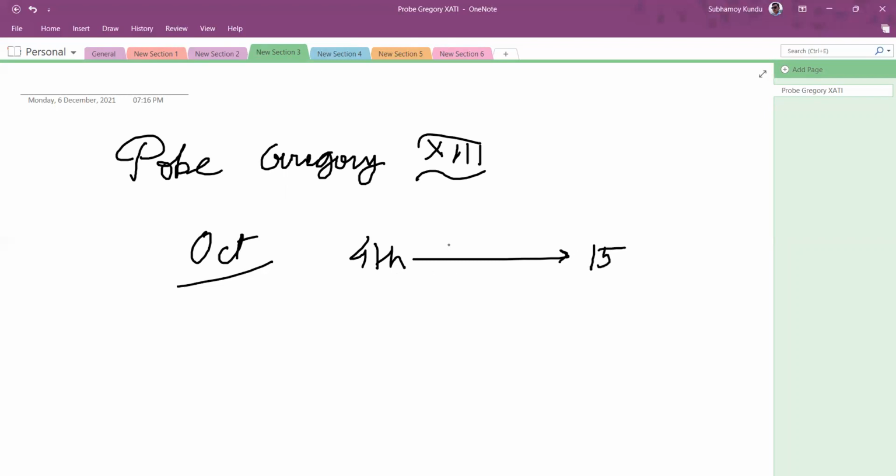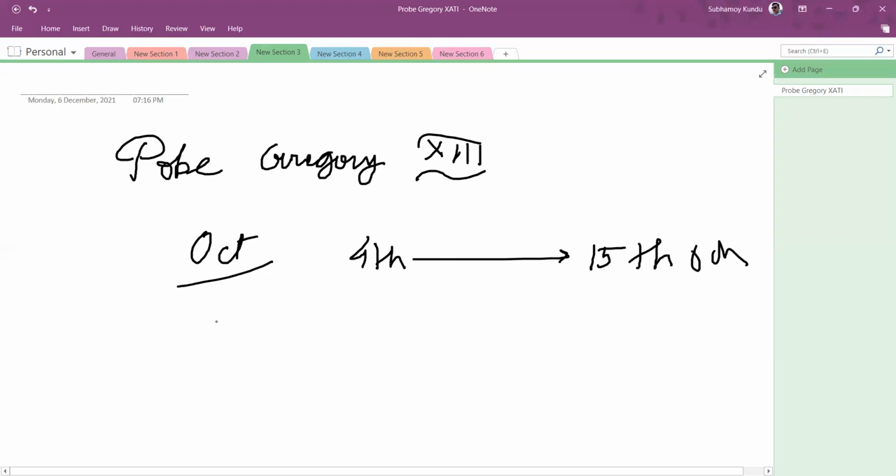He dismantled those dates. After 4th October, it came to 15th of October. He removed those 10 days from the calendar and made a decree, and all of Europe, all those Catholic countries, followed it.